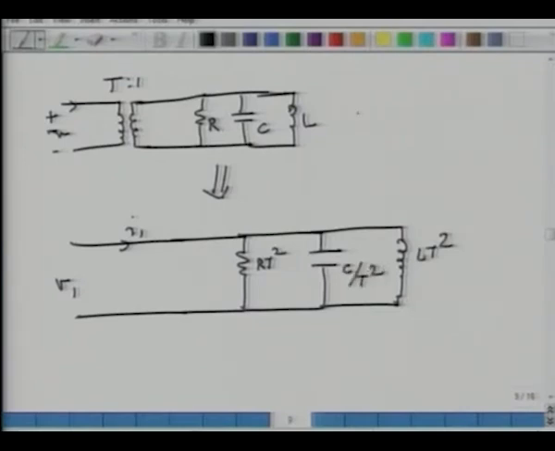So it does not matter. You can solve this circuit or you can solve this circuit. The answers will be the same. Depending on the situation, you can decide which circuit appears easier, and use that.